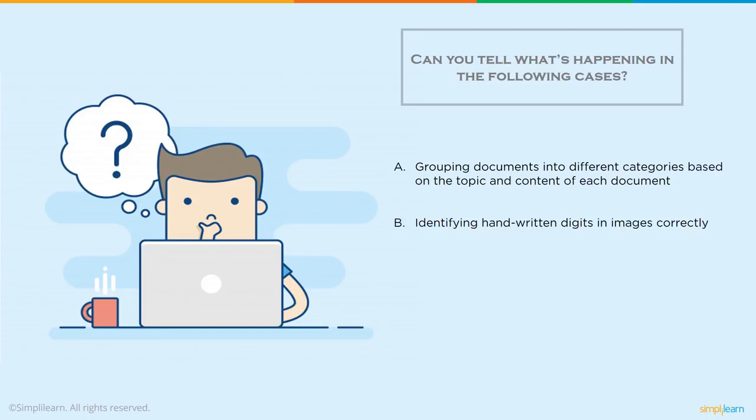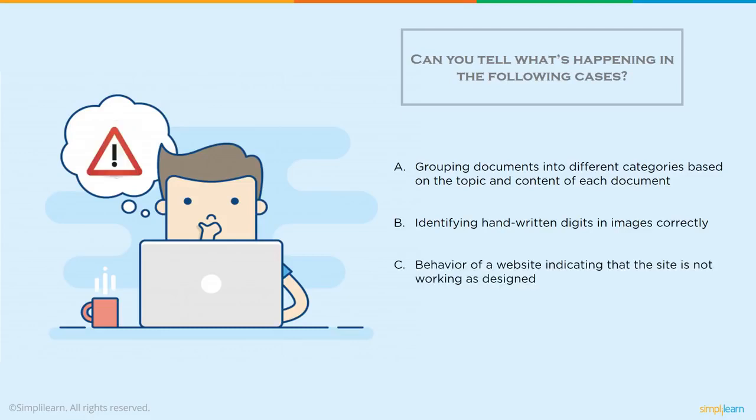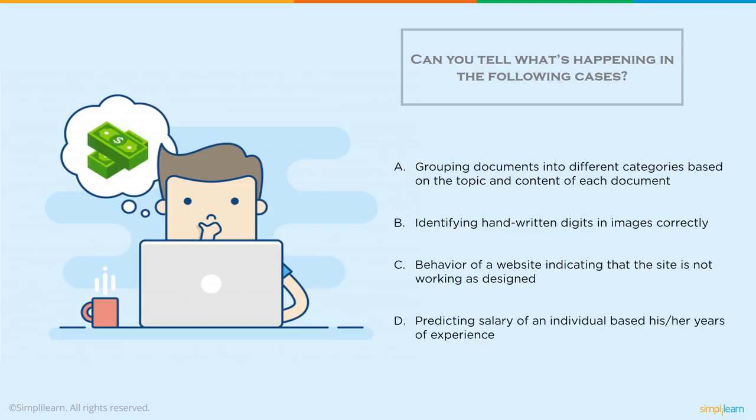So we want to know whether they're writing an A or capital A, B, C. What are they writing out in their handwriting? C, behavior of a website indicating that the site is not working as designed. D, predicting salary of an individual based on his or her years of experience. Boy, HR hiring setup there.